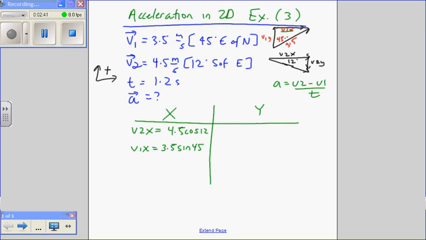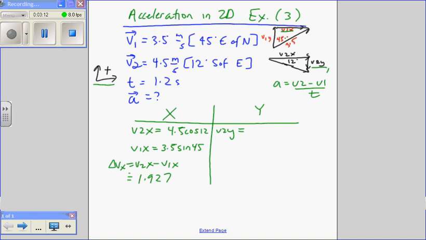Looking at positives and negatives, because I said east was positive, both of these will be positive numbers, both x components are positive. So finding what we call delta v, or if I say delta vx equals v2x minus v1x, just do the subtraction, and you get a number about 1.927. We'll leave the units out here and put them in at the end. In the y direction, using exactly the same strategy, v2y this time is a negative number.